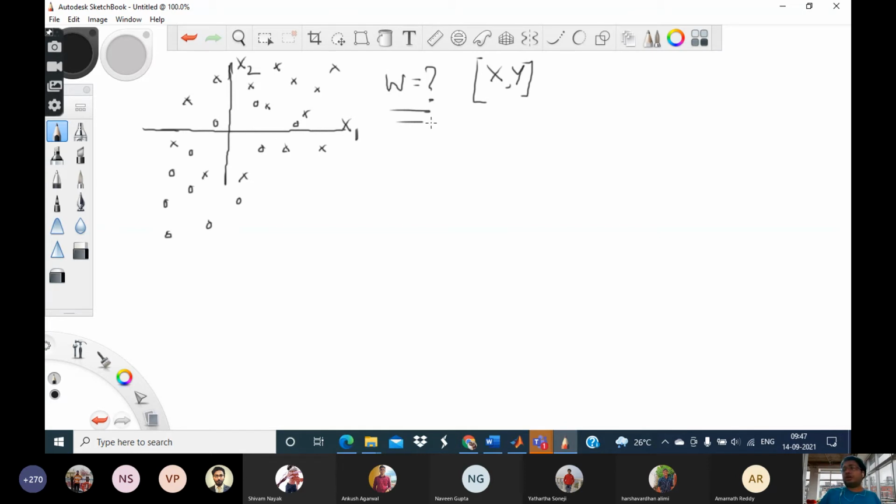That was the case in your linear regression also, right? In the training phase you knew X, you knew Y, but you did not know W. So in this case also it's a similar situation.